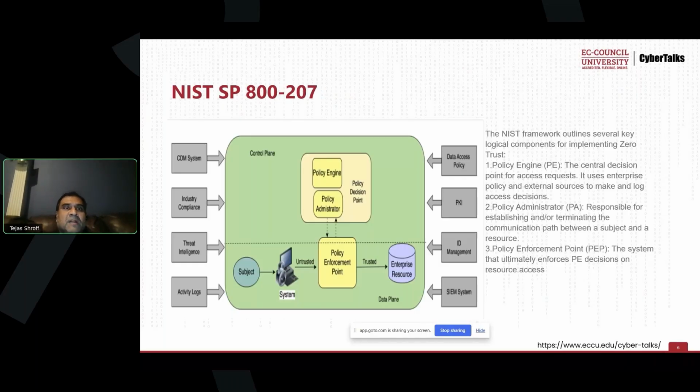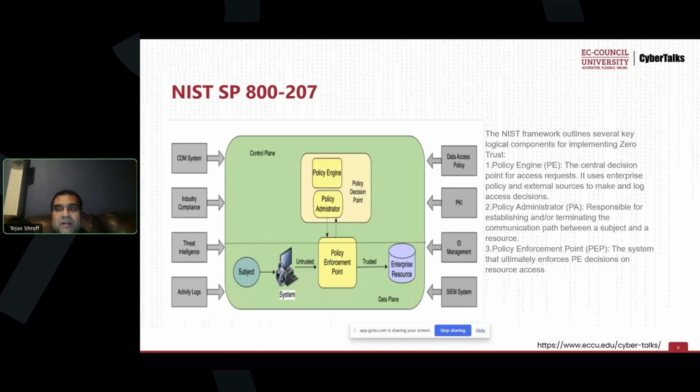While we're talking about this, NIST has put together Special Publication 800-207 for Zero Trust Architecture. Right? It outlines several key logical components. Especially, it talks about a policy engine, which is the central decision point for access requests. Then you have a policy administrator, and the last thing is a policy enforcement point.